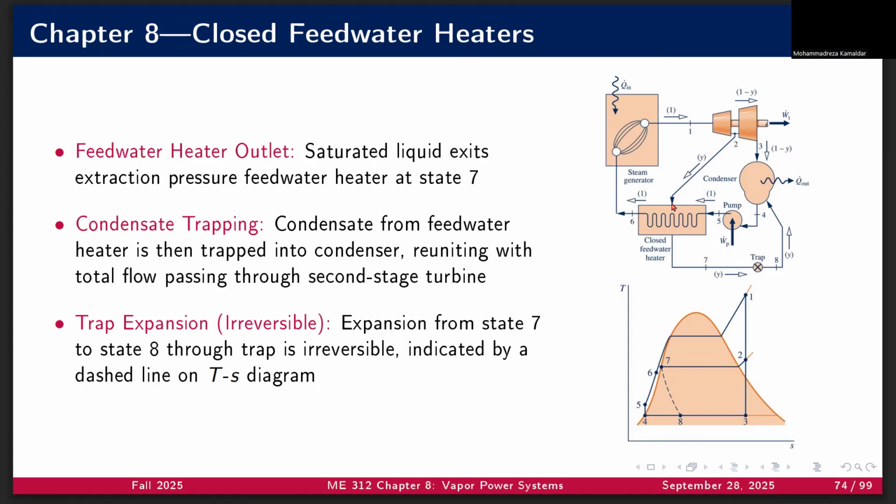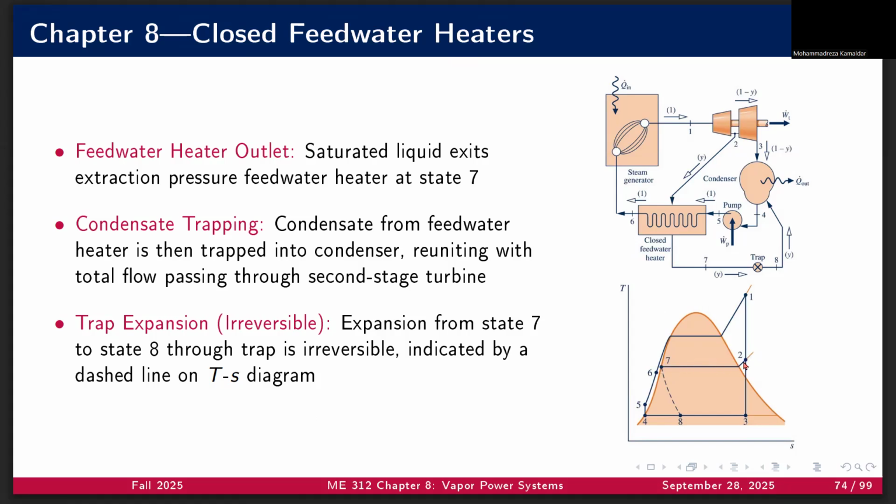This state 7, which is shown here: the extracted steam Y enters the shell side of the heater at state 2, transfers heat to the feed water inside the tubes, and condenses. It's important to note that the condensate, now a liquid, exits the heater at state 7. So here is state 2, and here is state 7.